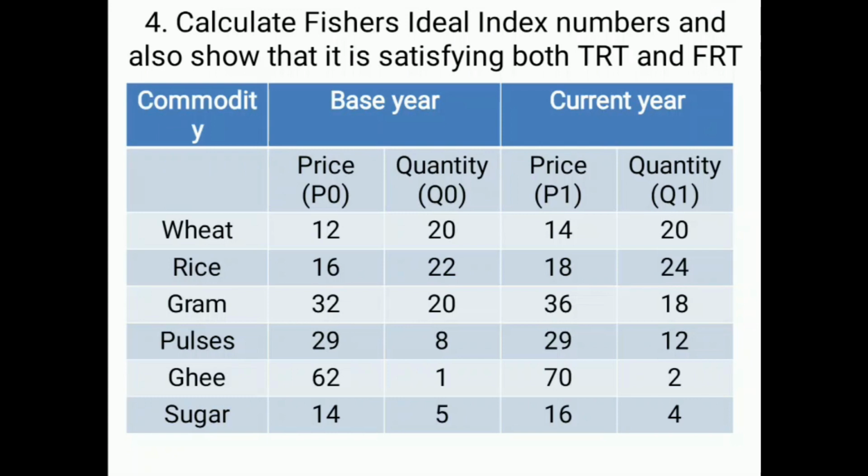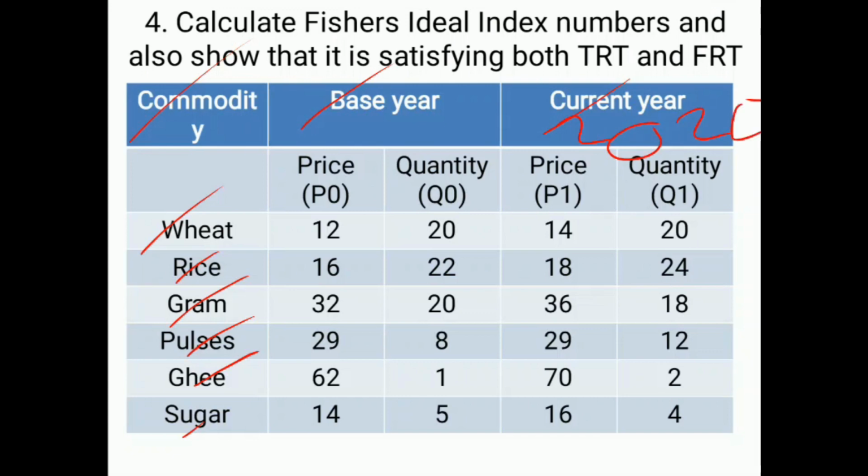So Fisher's ideal index number is a concept given by Fisher, and this question is given with a table of commodities: wheat, rice, gram, pulses, ghee and sugar, with base year and current year. Base year is a year for comparison. So for example, if the current year is 2020, the base year can be any year previous to this.